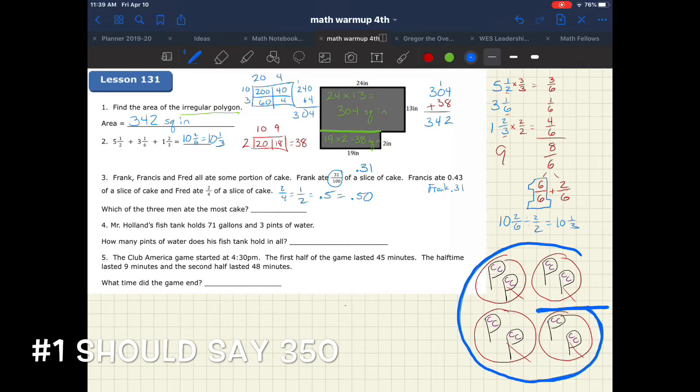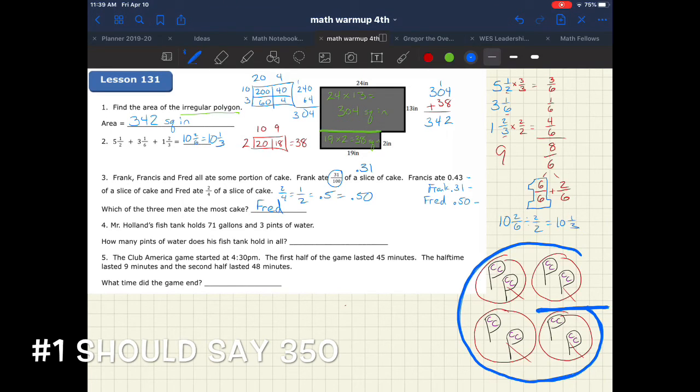Now we can compare Fred to Francis and Frank. So we've got 43/100ths for Francis, 31/100ths for Frank, and 50/100ths for Fred. So which of the 3 men ate the most cake? It is Fred. 50/100ths is more than 31 or 43/100ths.